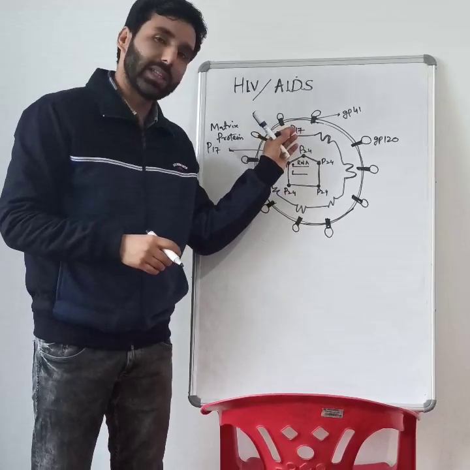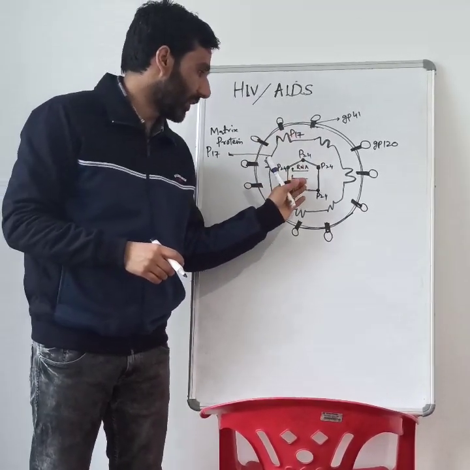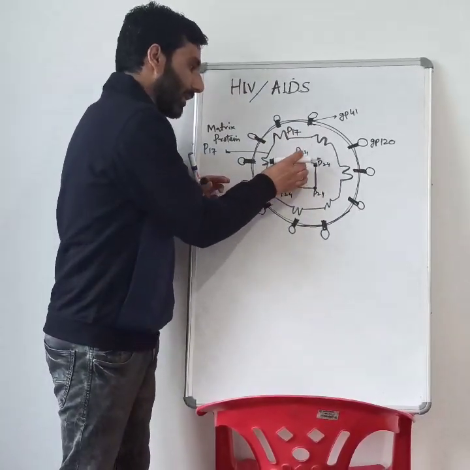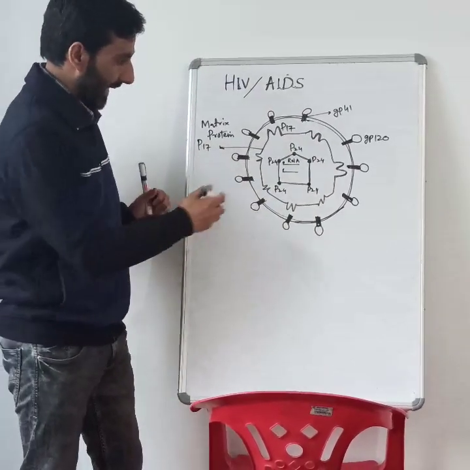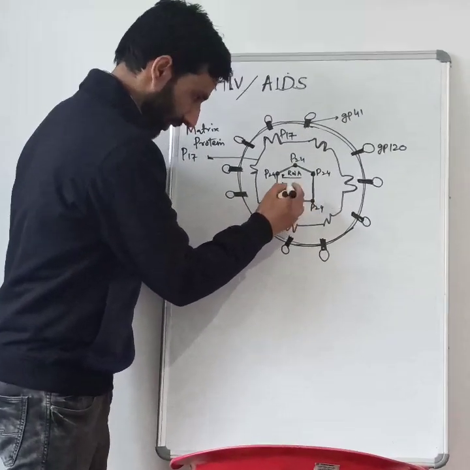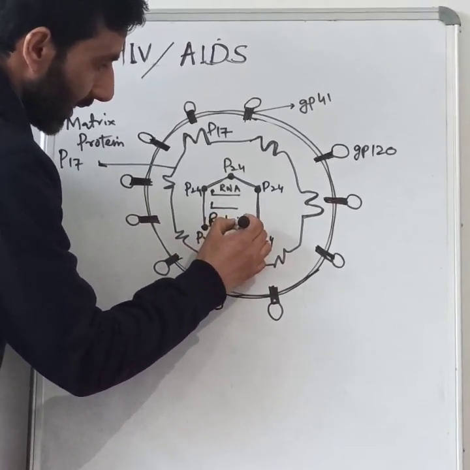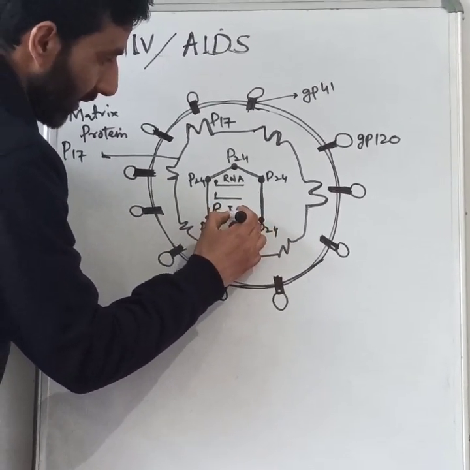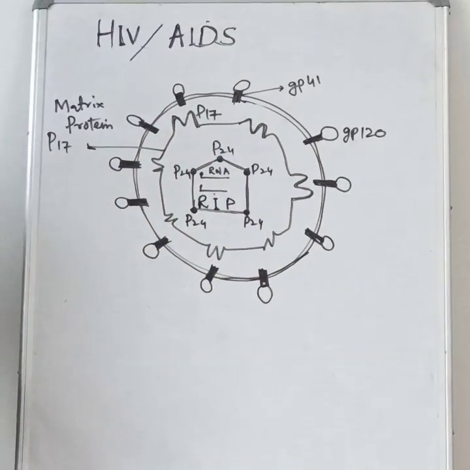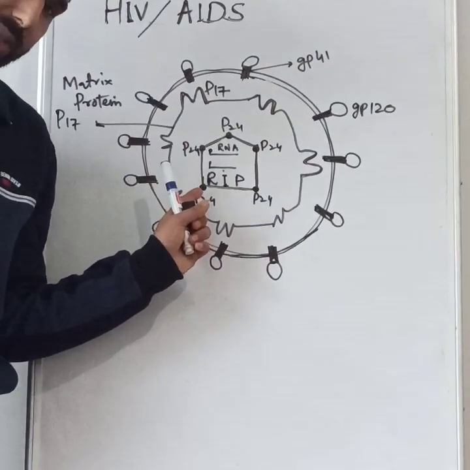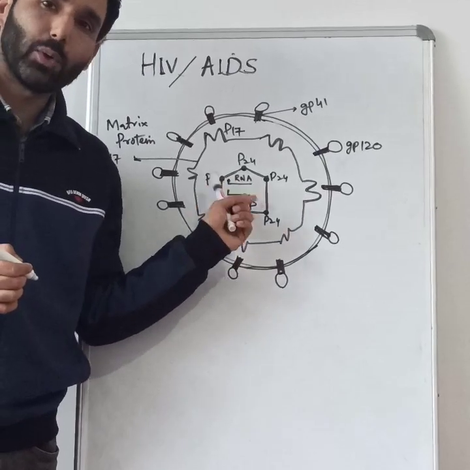The matrix is P17 and the capsid is P24. Inside this there is a dimer of RNA, and it also carries three important enzymes, which we can remember as RIP: reverse transcriptase, integrase and protease.